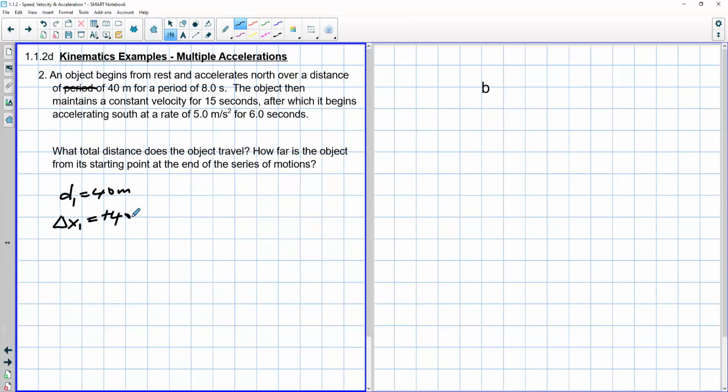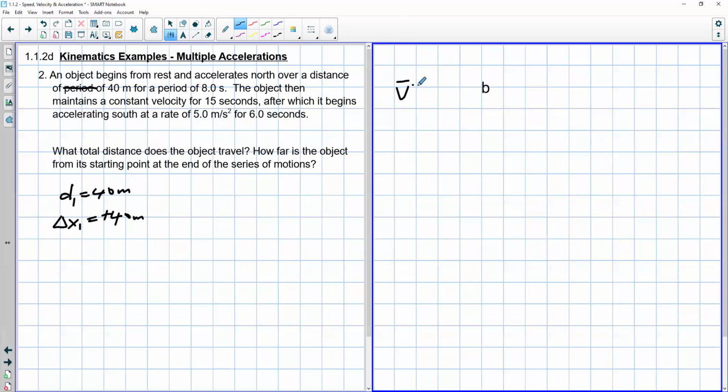Okay, so now for our second motion, the object is going at a constant velocity for 15 seconds. So that means the average is whatever the speed was at the end of the first interval. We found that that was 10 meters per second.